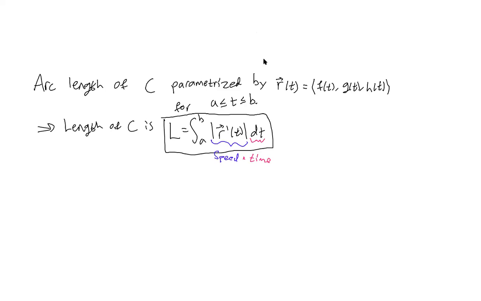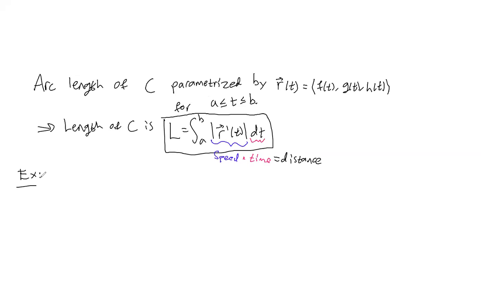Speed times time is distance. So all of this is doing is adding up all the little bits of small distance. It's, in other words, integrating. An integral is a whole bunch of adding up teeny tiny bits. So that's what this length of c is. That's the arc length formula. Let's see what we can do with that.